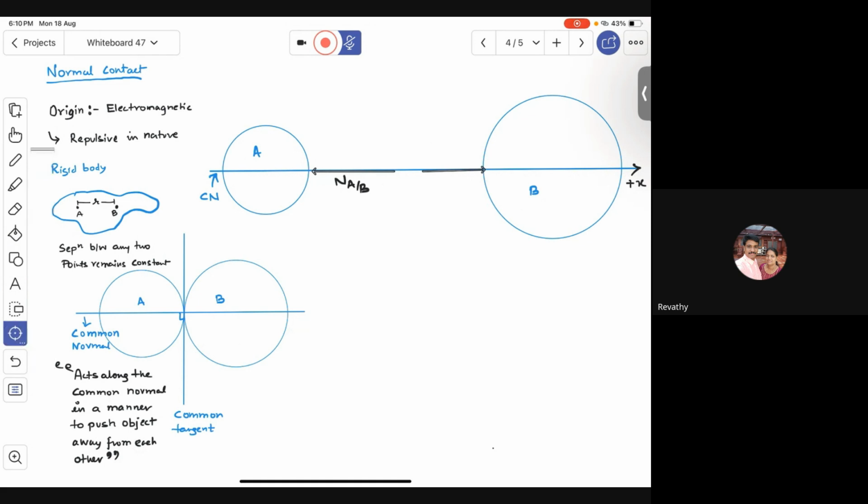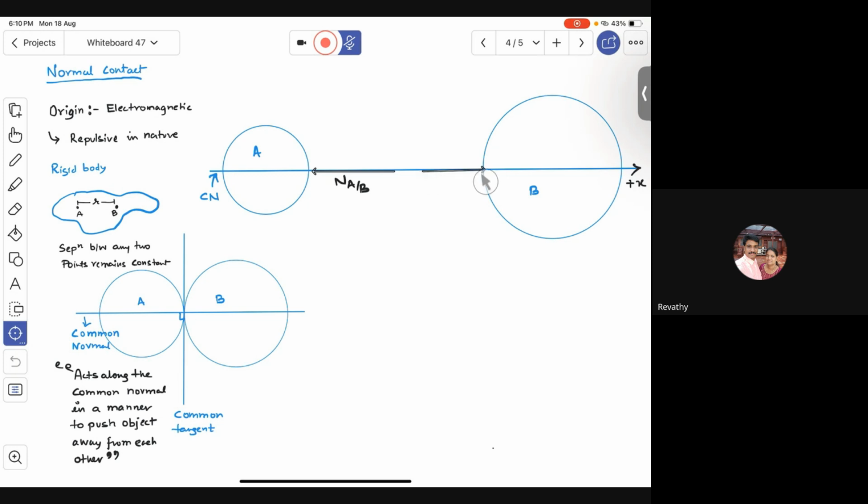If I see independently, the moment I know the force applied on A by B is in the left direction, automatically I know the force applied on B by A will be in the rightward direction. That is obvious. But still, for the normal contact force acting on B, applied by A, we don't have many choices.